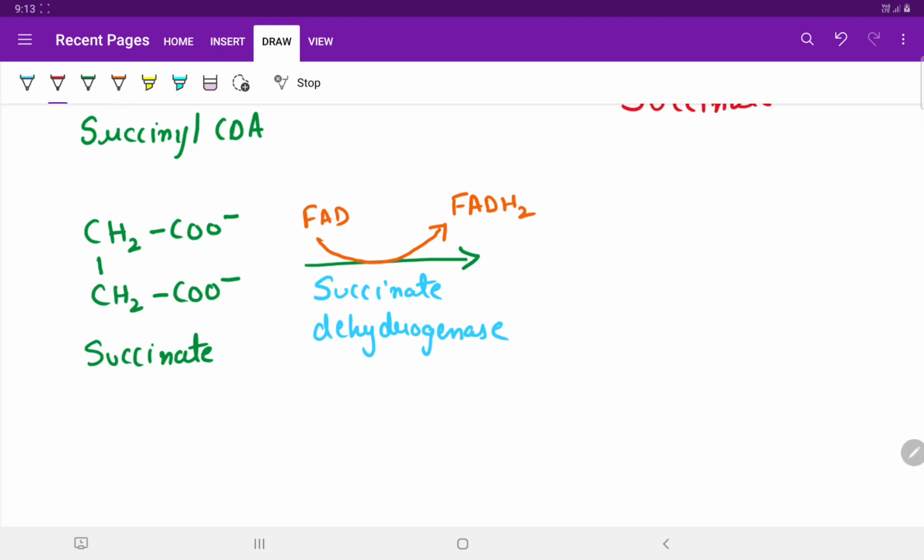Now let us draw the structure for fumarate. So here is the formation of one double bond, and this is known as fumarate.